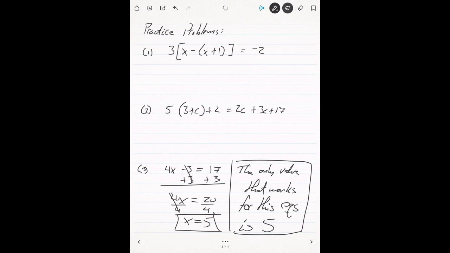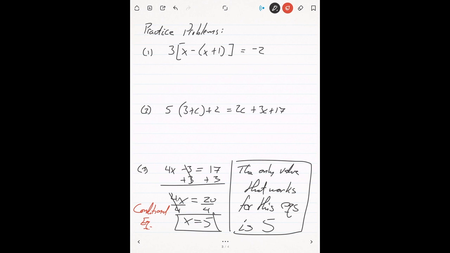That's why this, and I'll write this in red here, is a conditional equation. It's conditional, meaning your solution is conditional. It's based on what equation you have. There's a reason you got that solution. It works for this particular equation. Let's take a look at the other problems.